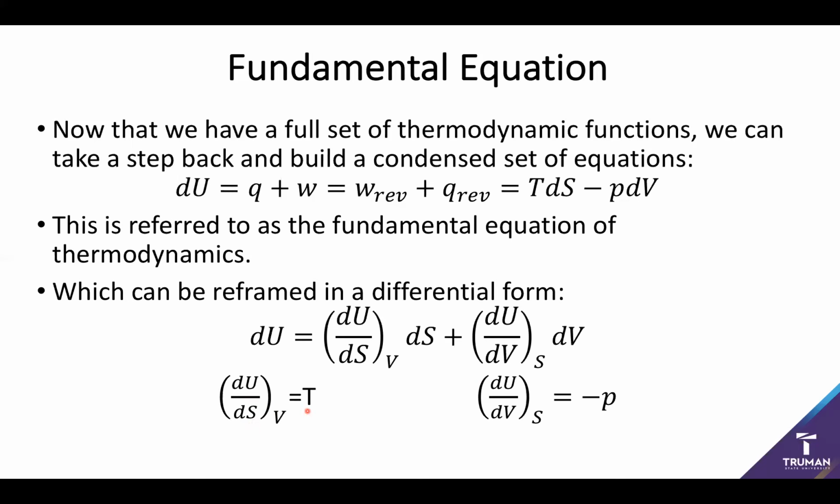So by knowing the temperature of the system, we know how the internal energy changes with any change in entropy. Similarly, the expression for how the internal energy changes with volume isentropically is simply negative pressure. So if I know the pressure, I know the change in energy.